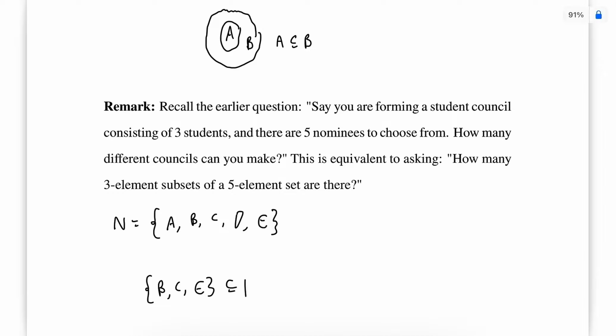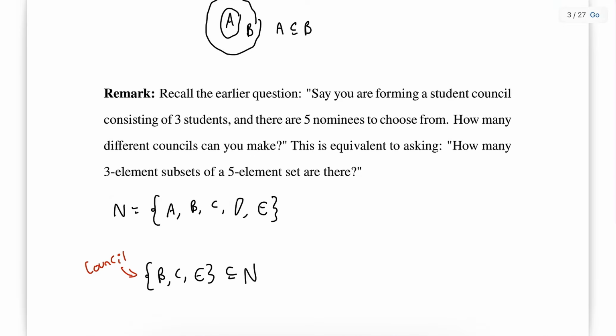This is a subset of N. This is a possible council, right? So this 3-element subset is a council. And finding a number of councils is then equivalent to just saying how many different 3-element subsets can we construct from N, or really from any 5-element set. Okay. And because we answered this already, we already know the answer to this is 10.